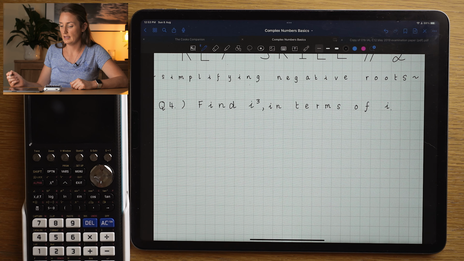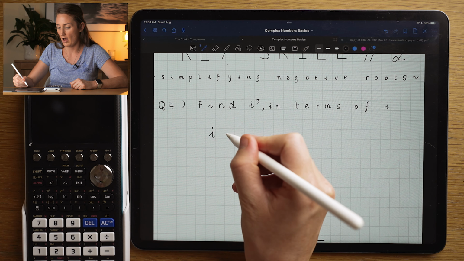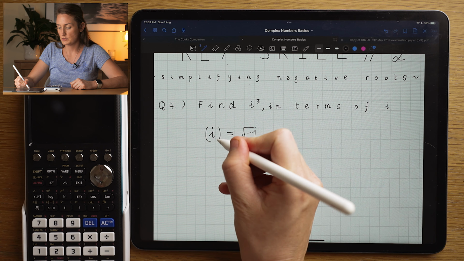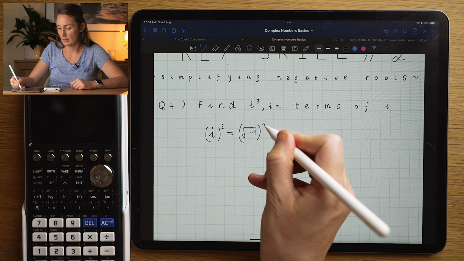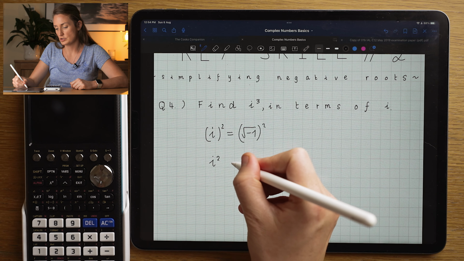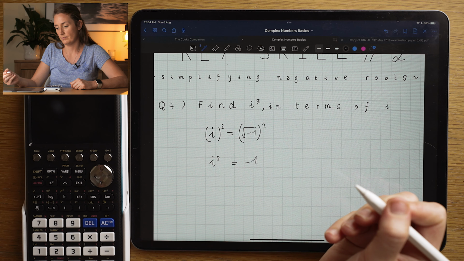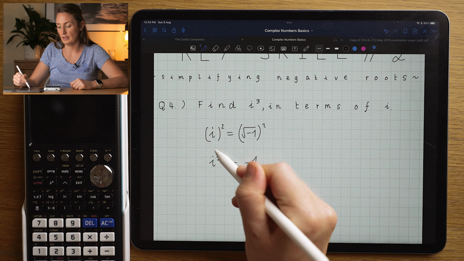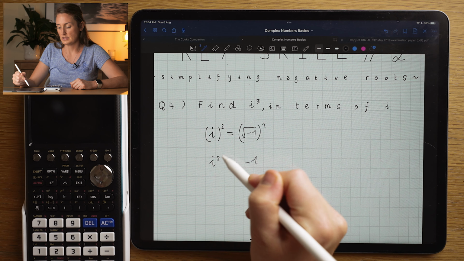Powers of i have a really interesting property. If you think that i is equal to the square root of -1, if I square both sides, then i squared should be equal to -1. So what you want to do when you have a power of i is to break it down into i squareds.